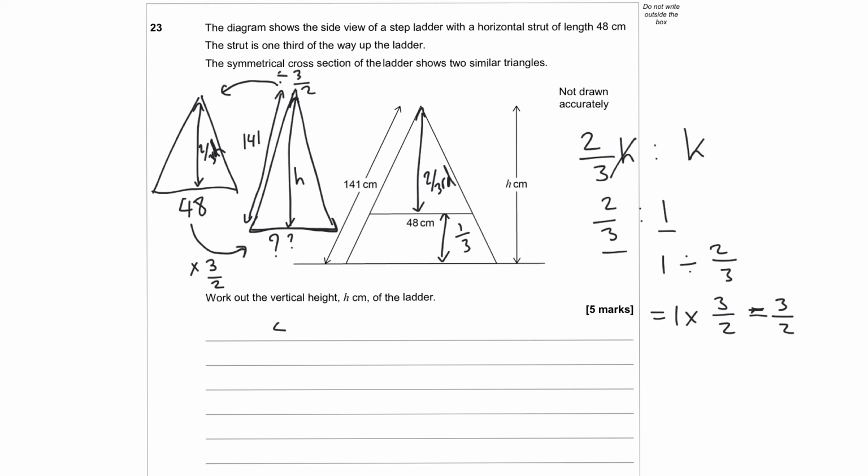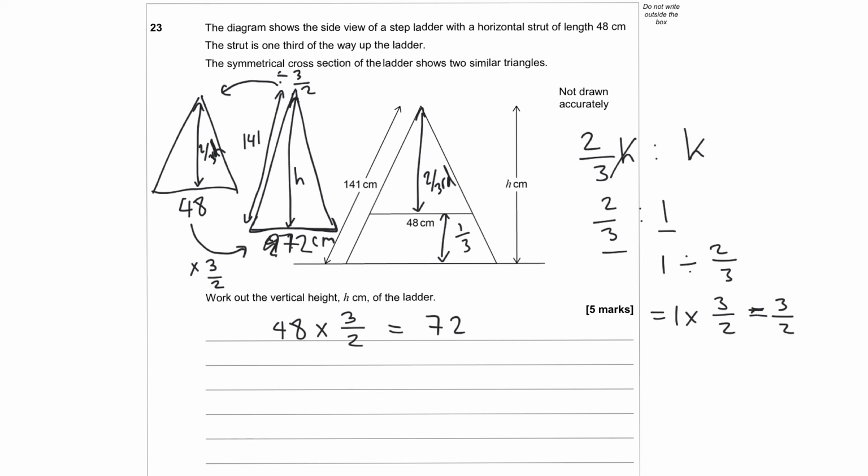So we're going to do 48 times 3/2. If you put that into your calculator, you should come out with an answer of 72. So now we know that bottom part is 72 centimeters.